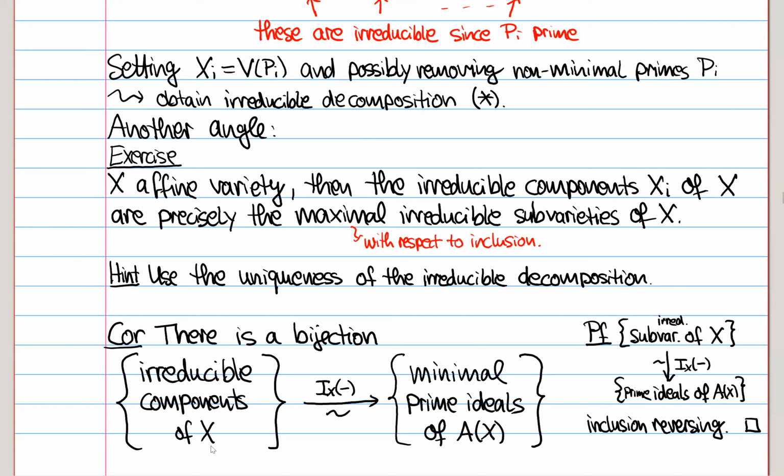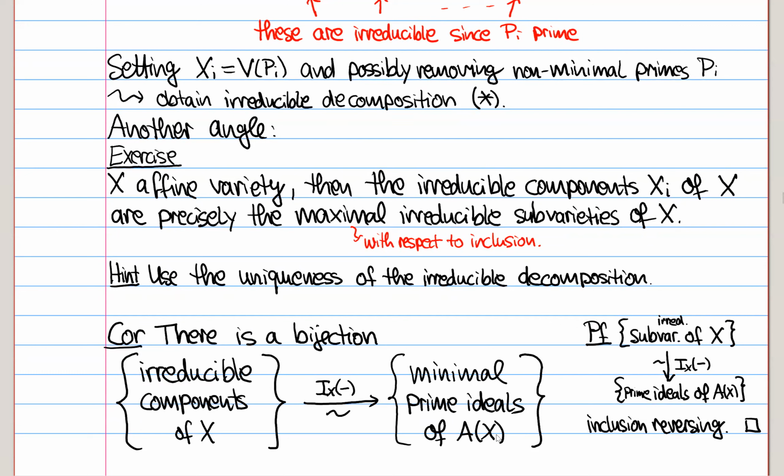Before we talked about things relating to the ideal, but then, as it is always the case, we can also relate it to the coordinate ring, or the ring of polynomial functions on X, because the claim of the corollary is that the irreducible components of X, if you take their vanishing ideal in A(X), then they map bijectively to the minimal prime ideals of A(X).